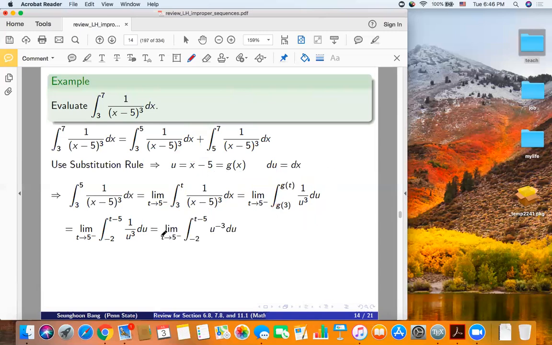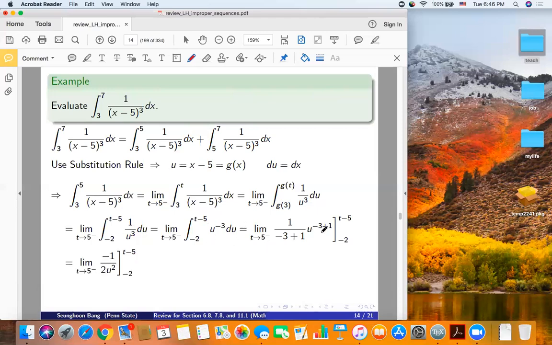So next, 1 over u cubed is u to the negative 3. Find the antiderivative by using the power rule. The limit as t approaches 5 from the left. The integral of u to the negative 3 is 1 over (negative 3 plus 1) times u to the negative 3 plus 1, from negative 2 to t minus 5.